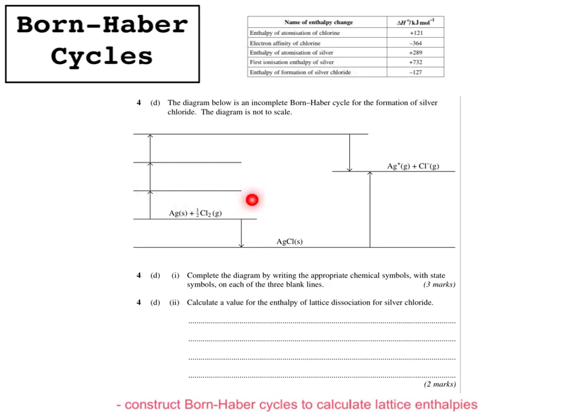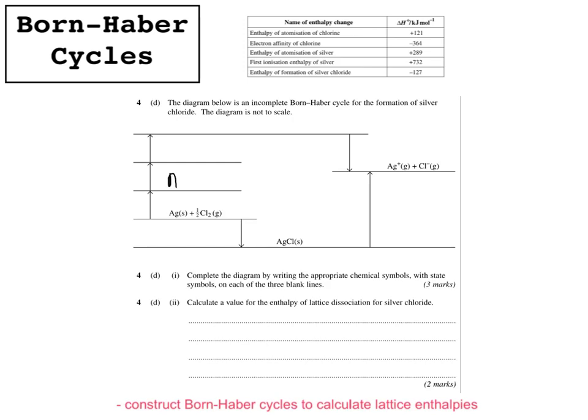So we can write equations, or symbols at least, on these lines to show the different steps. So one of the first steps could be, in this case, your chlorine breaking apart to form chlorine atoms. So that would be the equivalent of your enthalpy of atomization of chlorine.